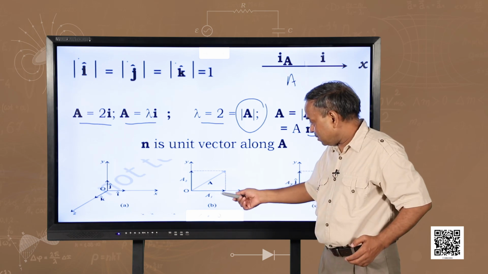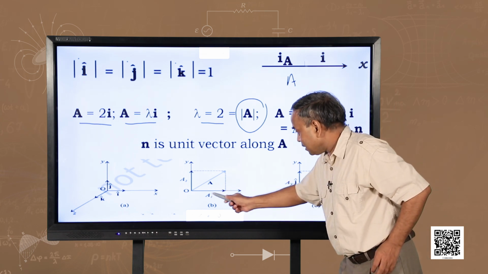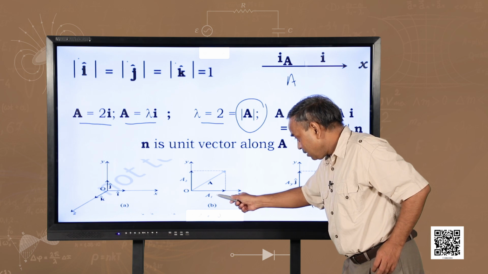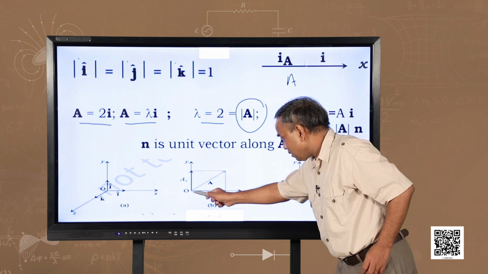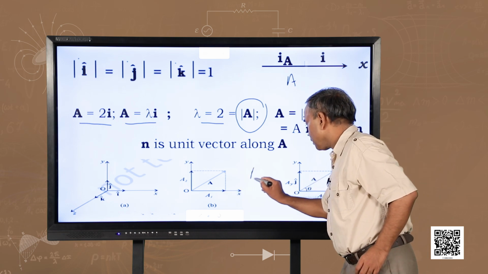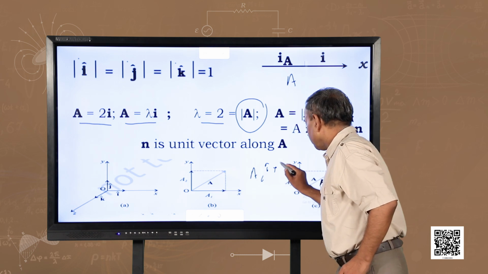Similarly, I can write A1 and A2 here. The vector along the x axis is A1, so this vector will be A1 i, plus A2 j.